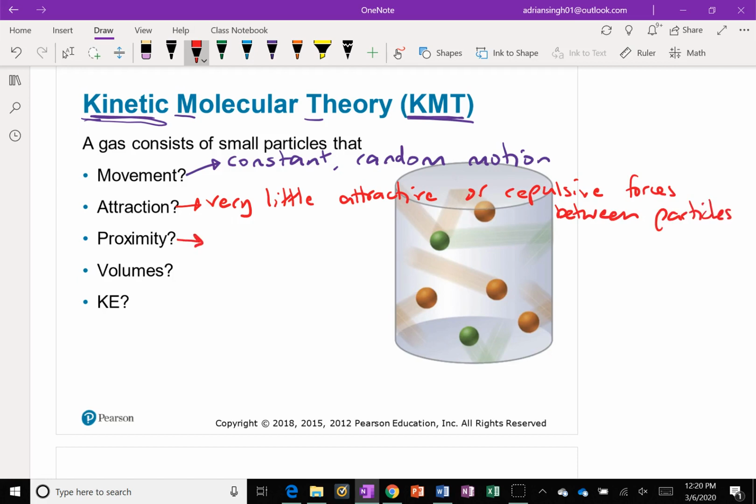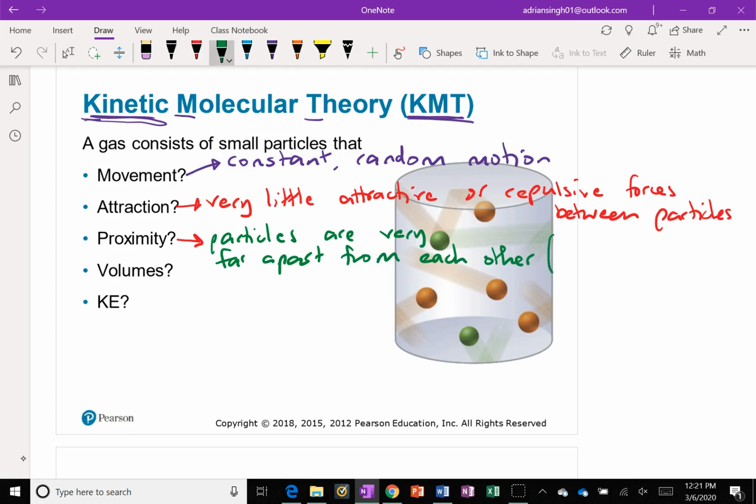In terms of the proximity of the particles to each other, they are very far apart, right? And we saw that when we looked at the differences between solids, liquids, and gases earlier on in the semester. So the particles are very far apart from each other.